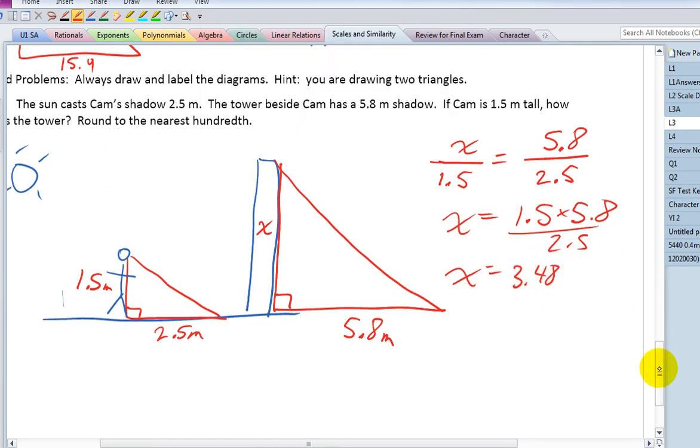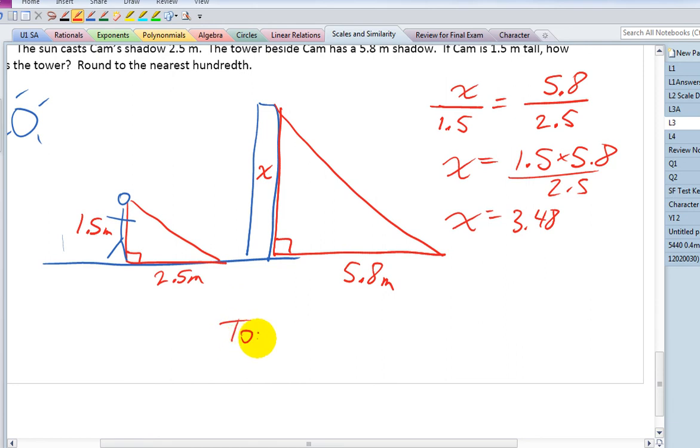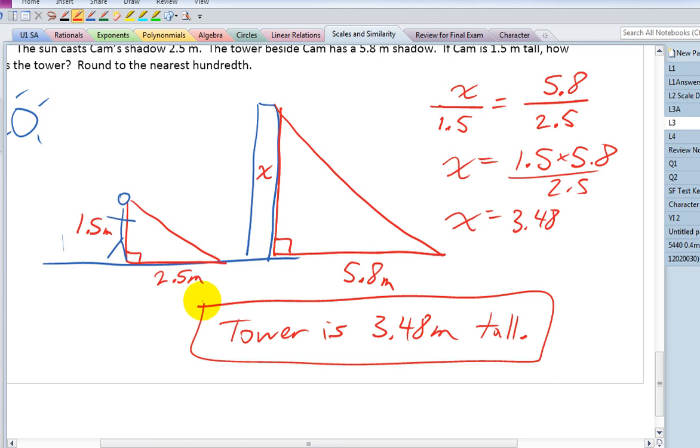So your sentence is, tower is 3.48 meters tall. Or 3.48 meters, that's fine. Nice. Put a little box around it, easy to see, easy to find. Any questions? No.